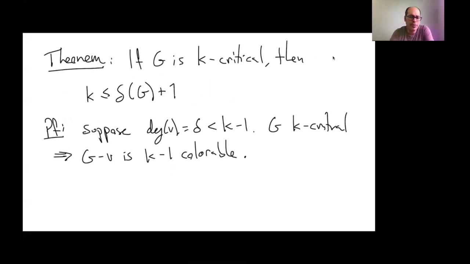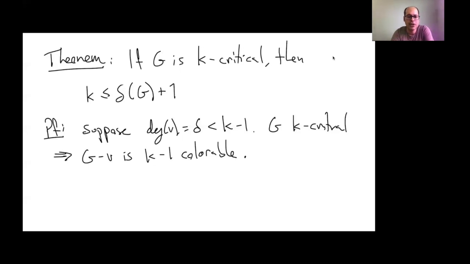So little delta is the minimum degree of a vertex. We suppose we have such a vertex of minimum degree. And let's just suppose, by contradiction, that that degree is strictly less than k, where you have a k-critical graph.